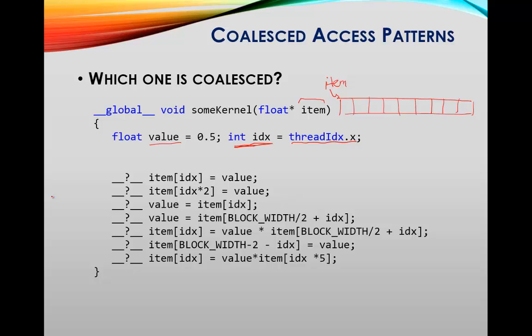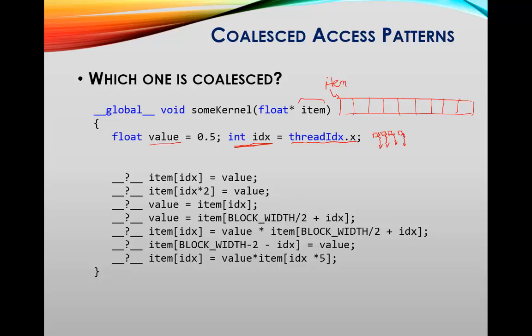The answer is essentially very easy. So here's my item, the input memory, and then I have a bunch of threads. Now let's look at the first item. The first item basically stores the value in the location of index for each thread. Remember that each thread will have a local variable called value.